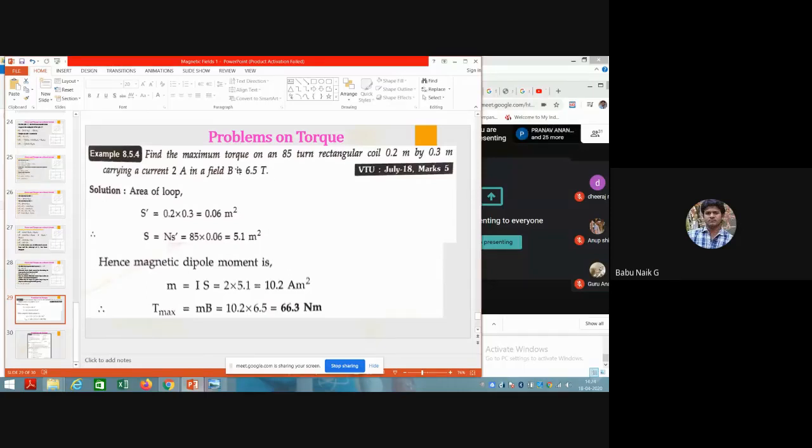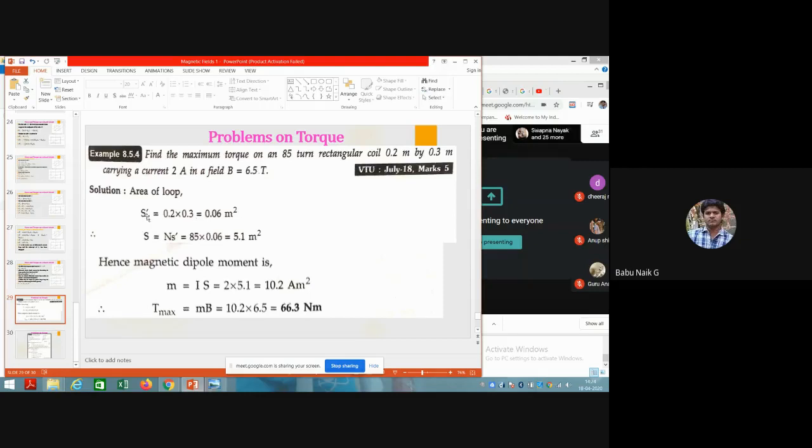You need to find the maximum torque. The coil has 85 turns, its dimensions are 0.2 meter by 0.3 meter, it carries a current of 2 ampere, and the magnetic field is 6.5 Tesla. So what will be the maximum torque?